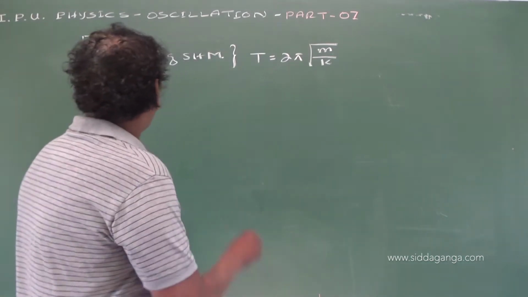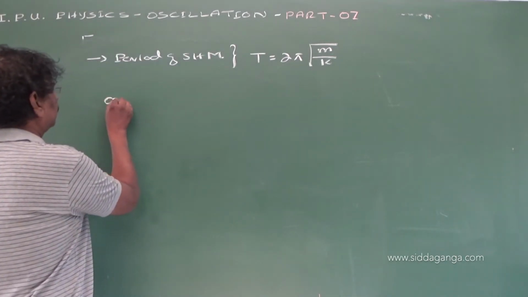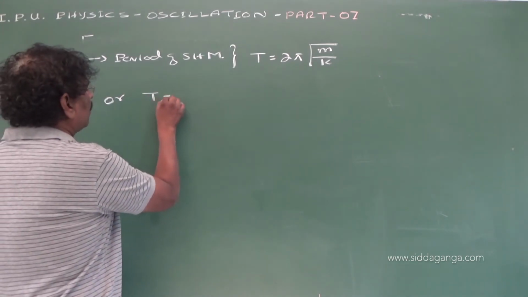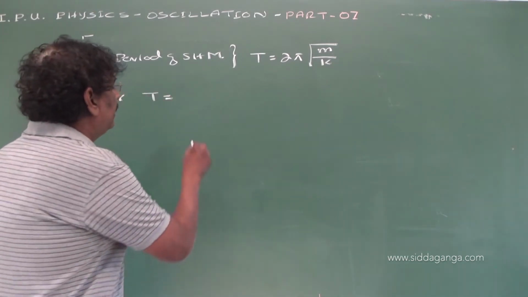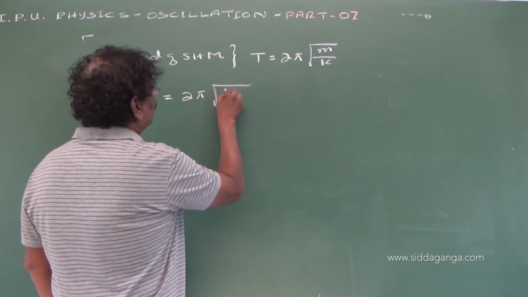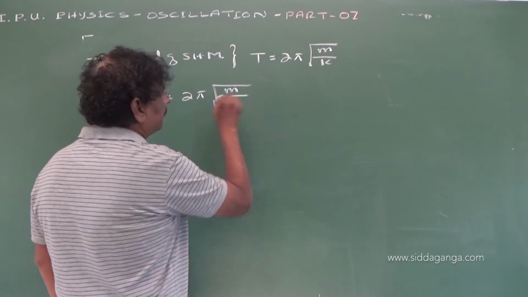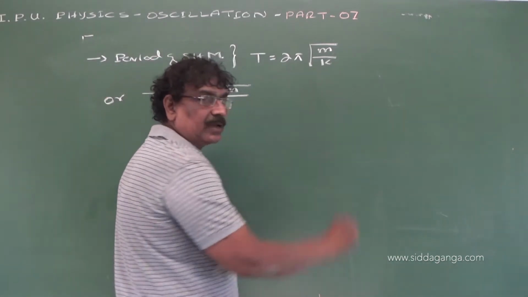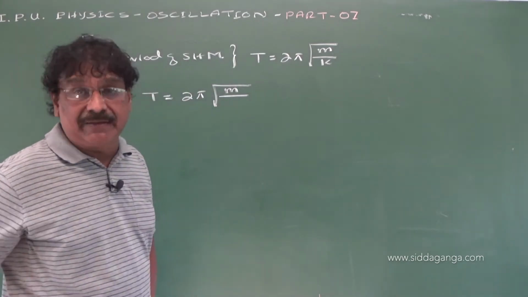Or this T is equal to 2 pi into square root of m. Now we have k is equal to F by y.